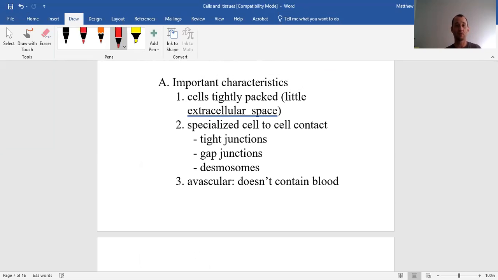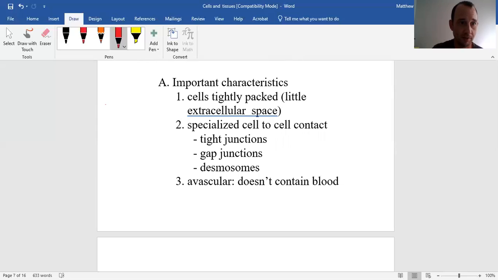One of the reasons for that is because your epithelial tissue is often composed of all of those cell-to-cell junctions or contacts. You'll see tight junctions, gap junctions, desmosomes, and those help to pack the cells tightly together. In other words, if we're comparing this, here's what I mean.